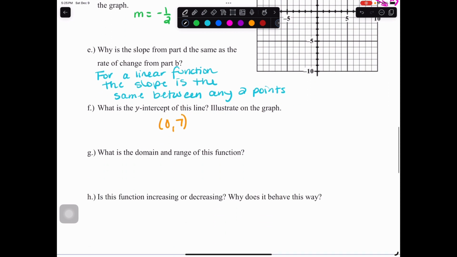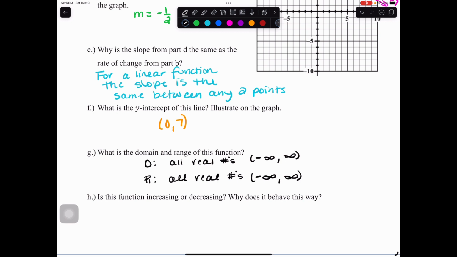So for the domain, we have all real numbers, which we can write as -infinity to +infinity. And for the range, we also have all real numbers, because we can go from -infinity to +infinity.